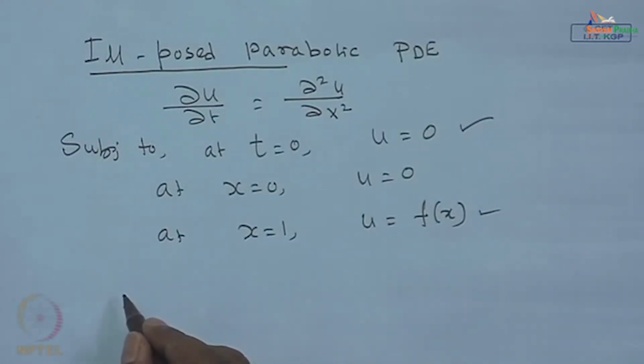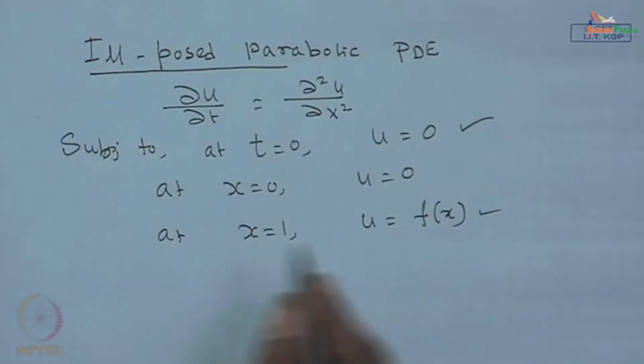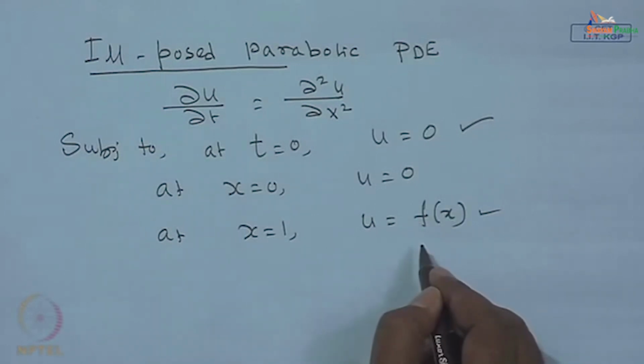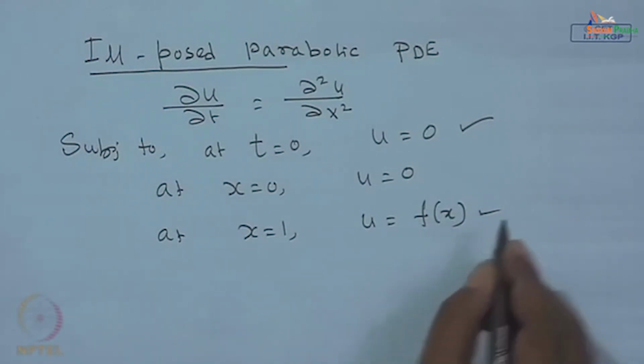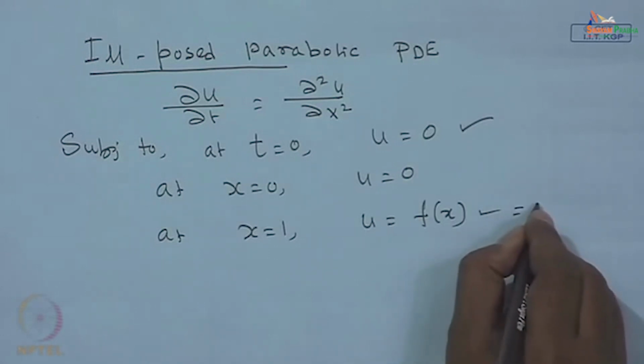So, if you remember, we looked into this problem earlier as well. In a generic case, we considered, and this is a specific case we are taking, and for the time being you just take a value of f x, then that will demonstrate the problem more appropriately. Let us say f x is 3 x.